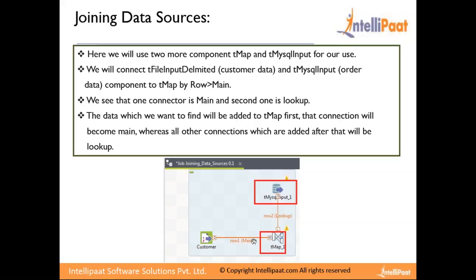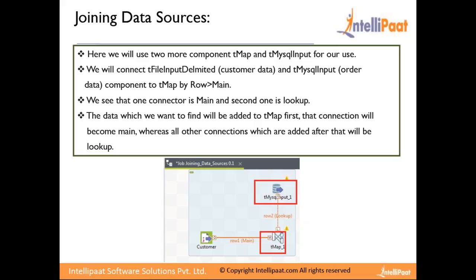Here what we have to keep in mind is that while creating connection, we have to select that source as main, based on which will be our base. Suppose we have customer, we are trying to get the customer data, and then based on that we are trying to get sales data.